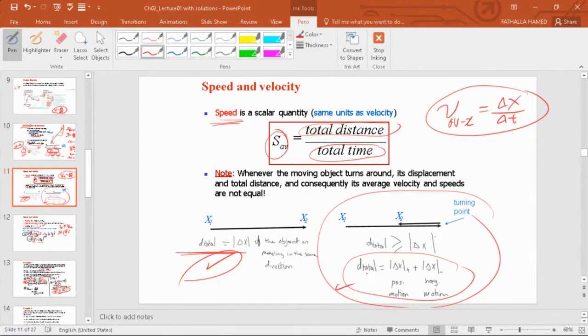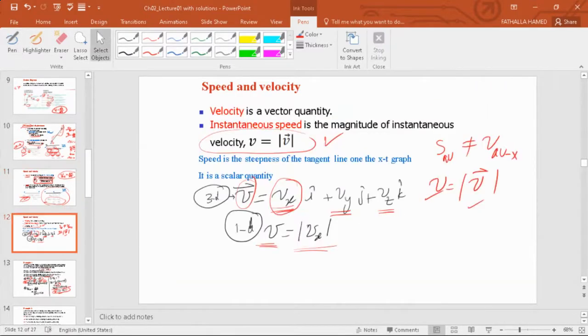Is this point clear? Now, the second point that we want to address here is what we call speed and velocity. And when we talk about speed and velocity, now we're referring to instantaneous. So we're talking about instantaneous velocity and instantaneous speed.